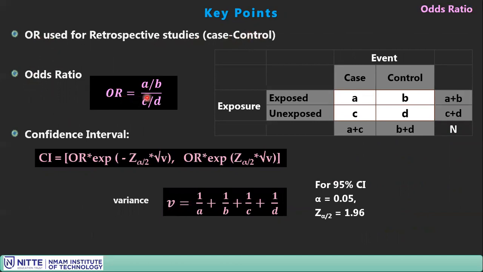Odds ratio is the ratio between the odds of exposed and the odds of unexposed, A by B by C by D. Then you calculate the confidence interval, very much the same as relative risk, where the variance is different, that is 1 by A plus 1 by B plus 1 by C plus 1 by D. For 95% confidence, z will be equal to 1.96. The most important thing is your confidence interval should not include 1. If so, the odds ratio may not be very significant.